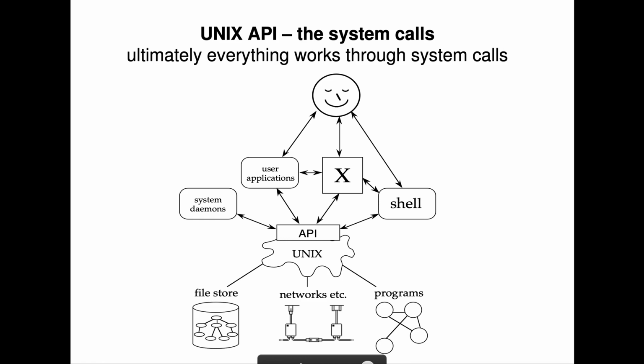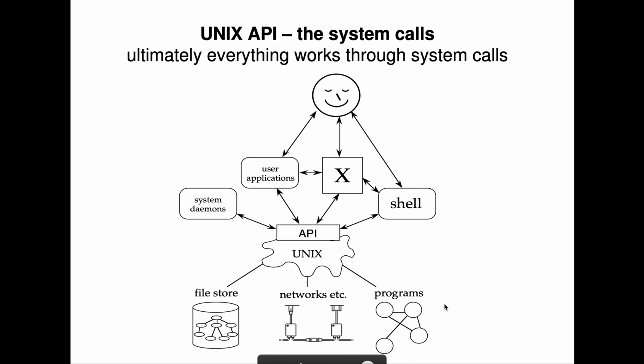And everything is an API. Again, this is not just Unix, but also the same for Windows, Mac, and other types of OS. Mostly they use an API architecture. That means everything is a system call.